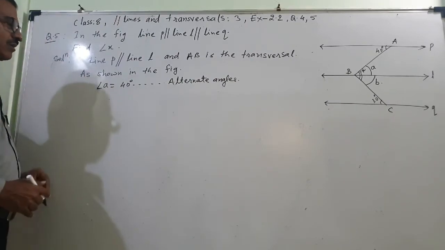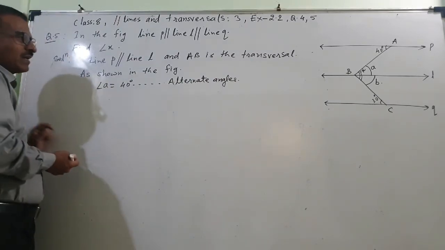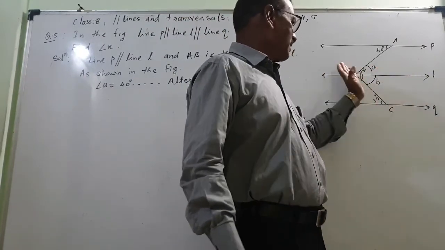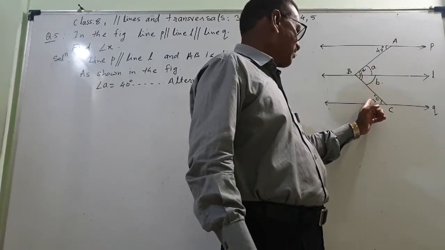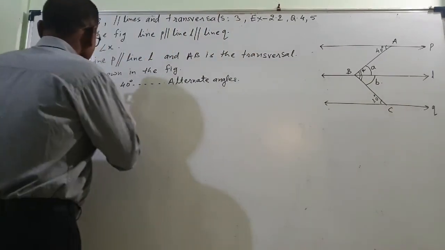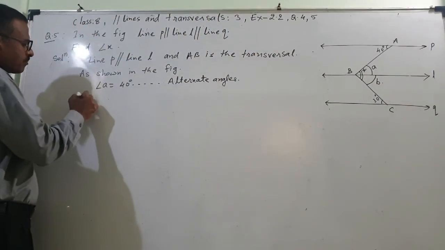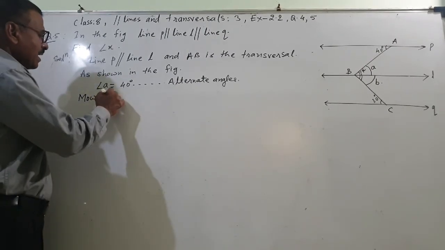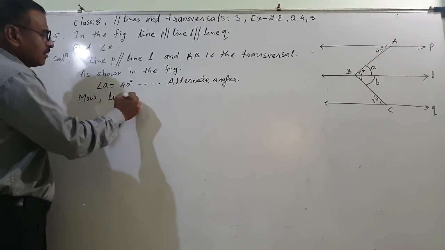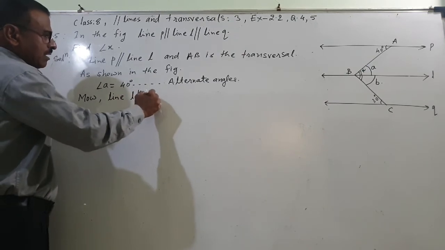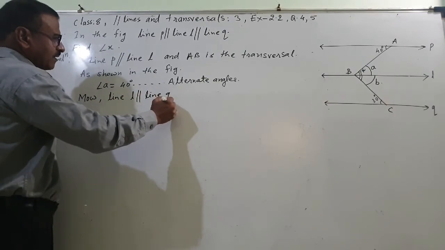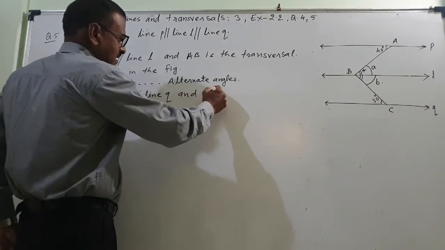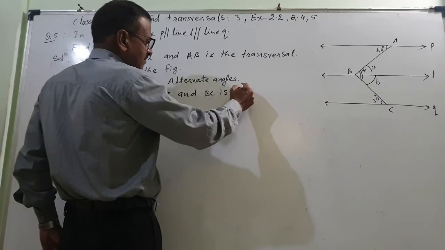This part is over. Now we will consider these two. L parallel Q, and this is the transversal. So this B and this will be same. Now, line L parallel line Q, and BC is the transversal.